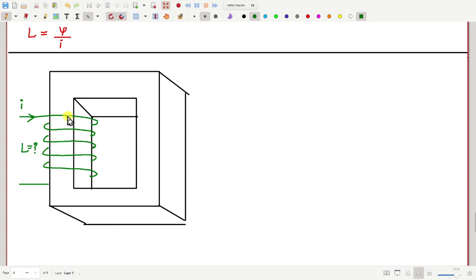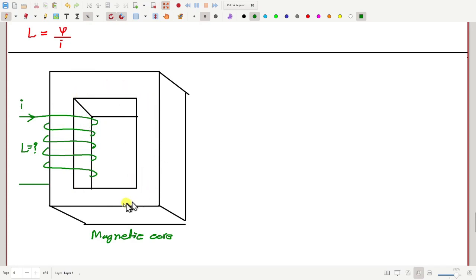Now what happens when we have a core, and this is a magnetic core like iron or some magnetic material? When we pass the current, it will create magnetic field. It will create magnetic field even if the core is not there.